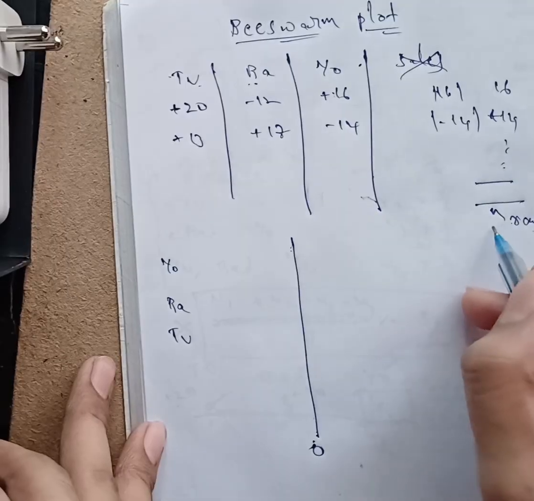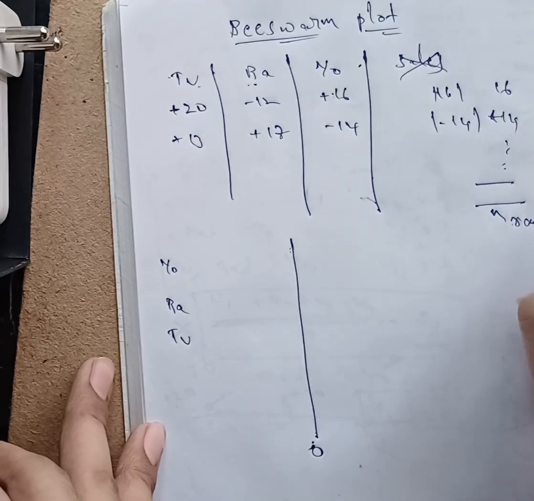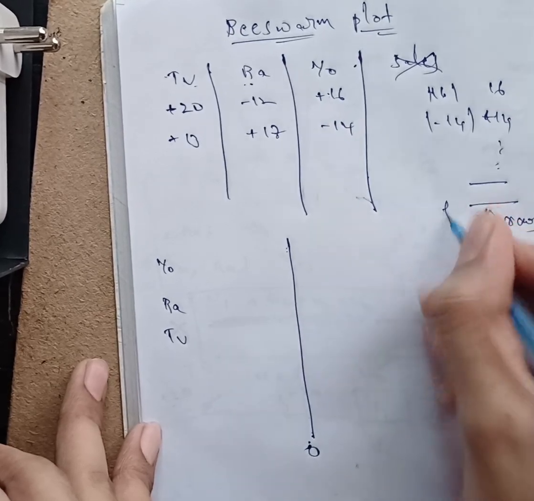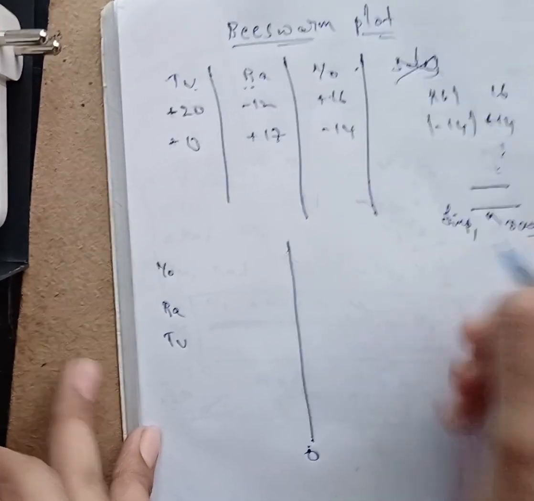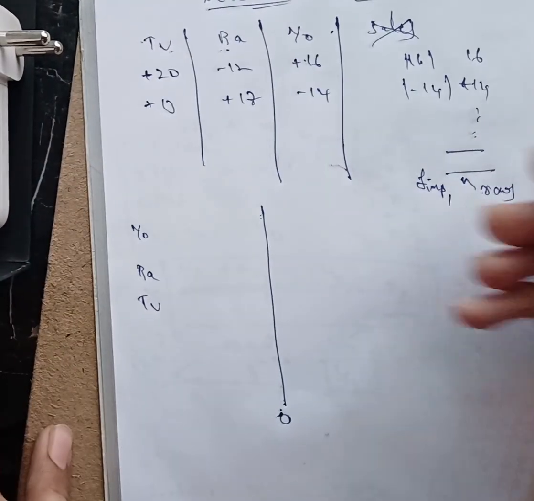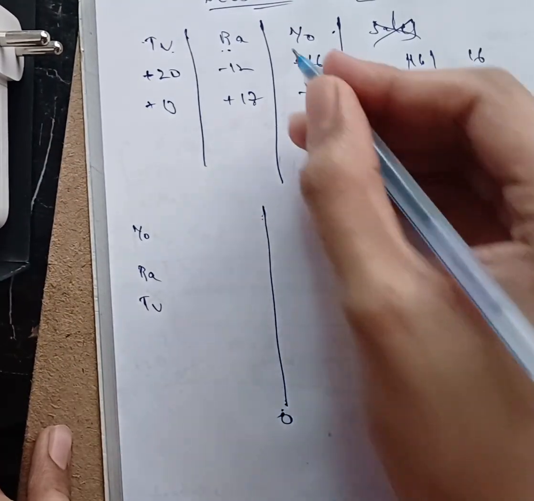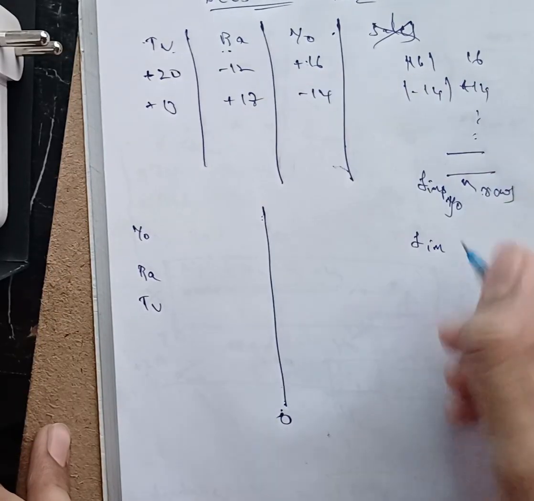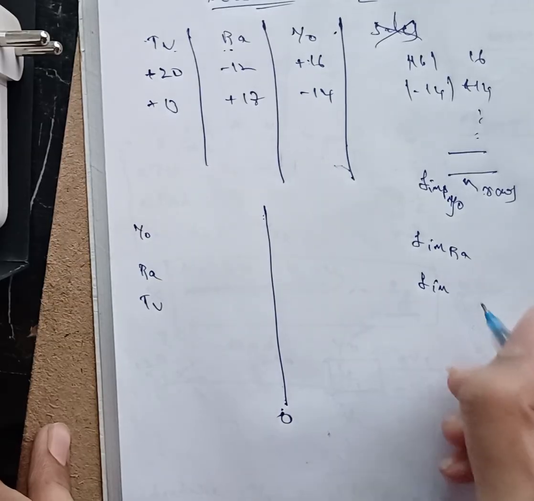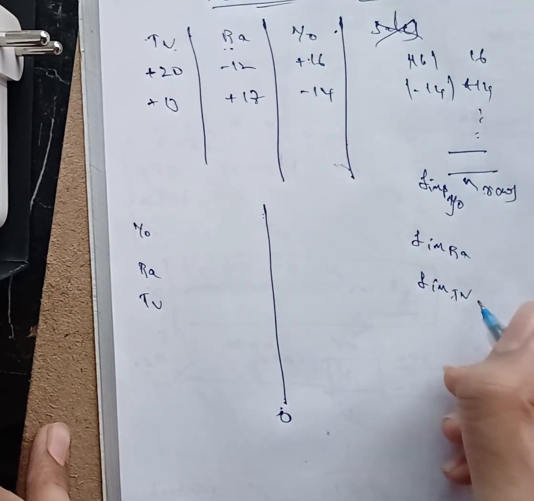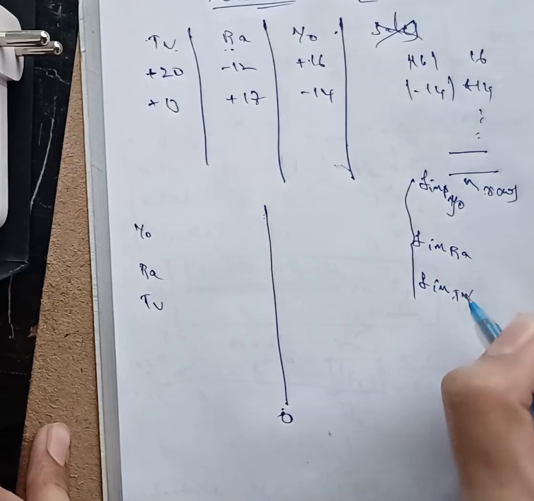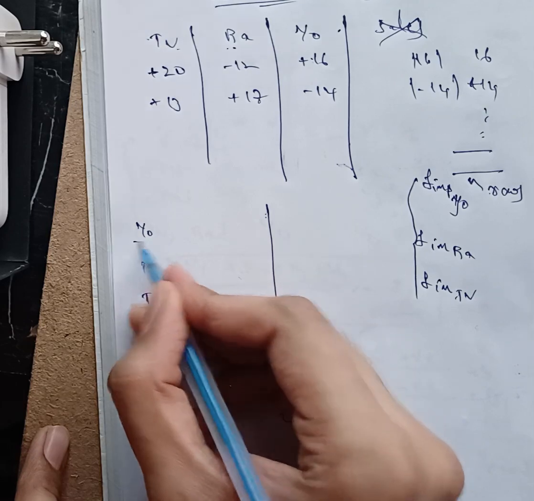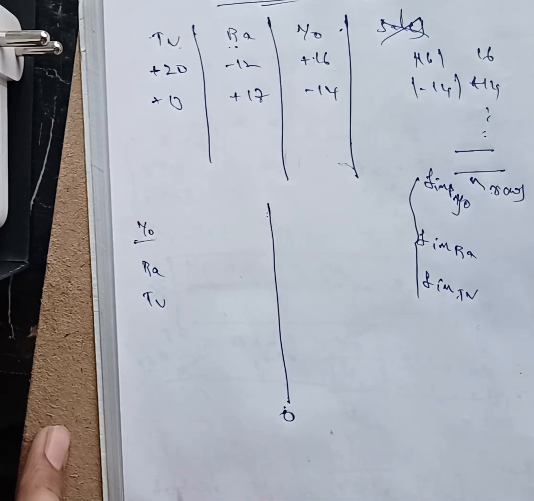So after we add and divide by the number of rows, we get some value, feature importance 1, let's say. Then the feature importance of YouTube, of radio, and of TV. We sort these three values, and whichever is top, we place in the top position.